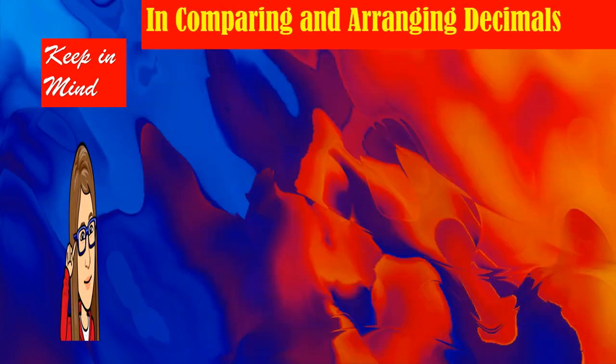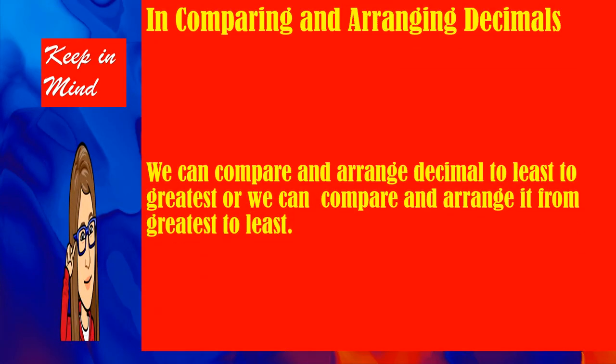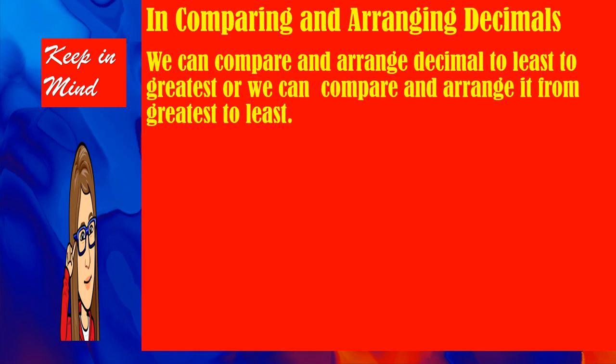Okay, class, I want you to keep in mind, in comparing and arranging decimals, we can compare and arrange from least to greatest, or we can compare and arrange from greatest to least.